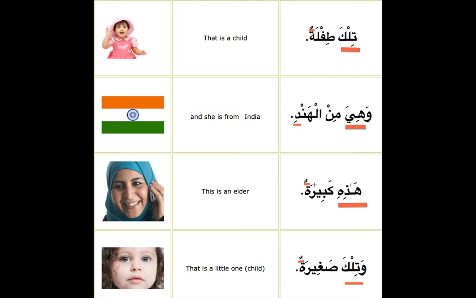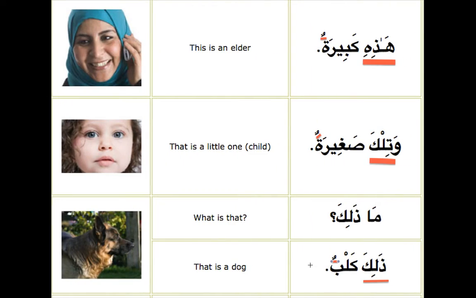Double dhamma, a feminine category. Hadihi is the mubtada, kabiratun is the khabar. We are putting "is" here: this is an elder. And that is a younger: wa tilka saghiratun.